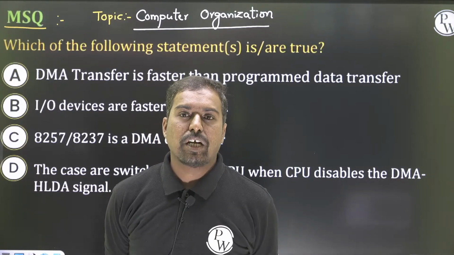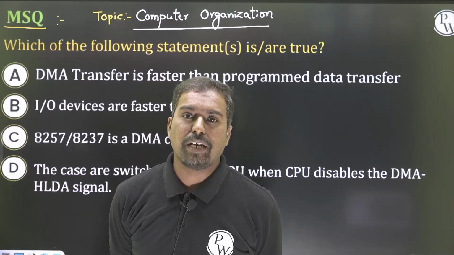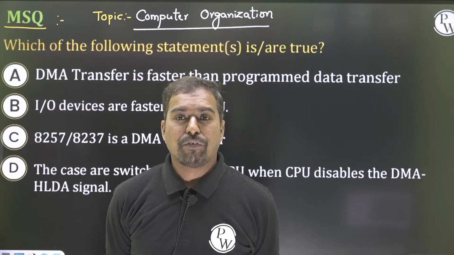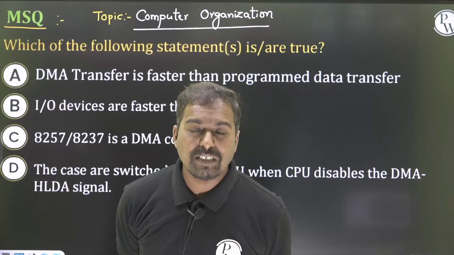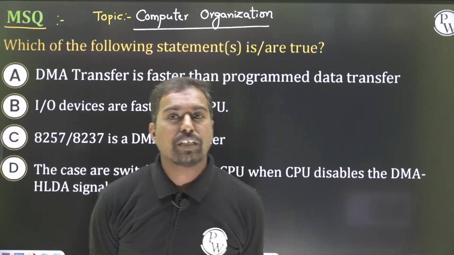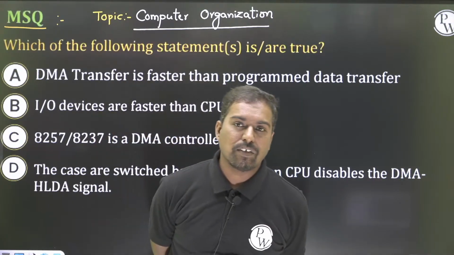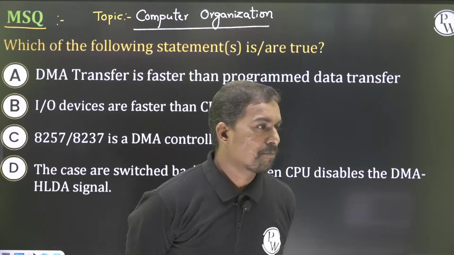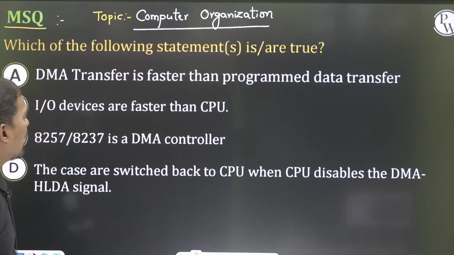Sometimes when an external peripheral wants to access the memory, it always has to wait for the permission of the CPU. But we know that the CPU is a very busy device. That's why we have a certain interfacing facility. We have a mediator, a broker, who will take care of this direct memory access. So the options: DMA transfer is faster than program data transfer.